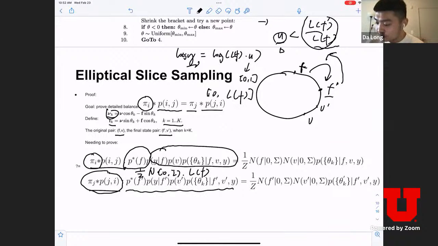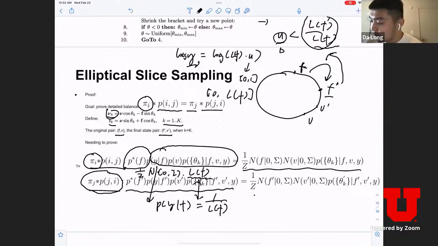And then since for here the P of y given f is a uniform distribution and the probability is 1 divided by L of f, it can be cancelled with this place. So just this equation is left.